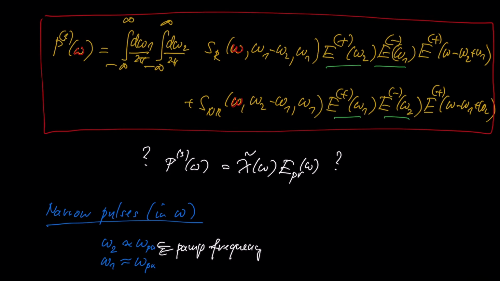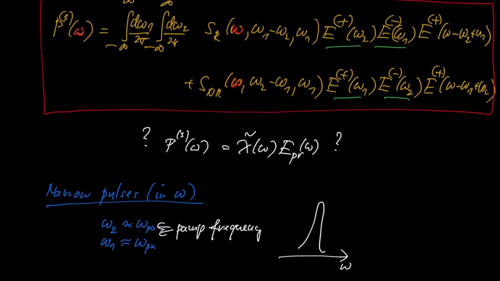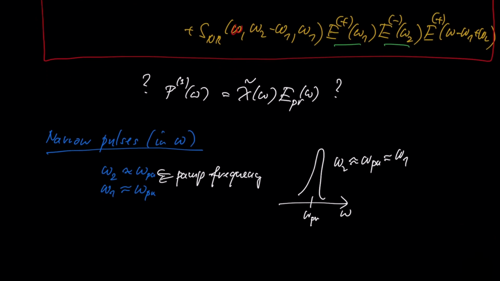So if there are narrow pulses in omega, so this is the omega pump, then clearly omega 2 is similar to this omega pump, and it's therefore similar to omega 1, and we can say that E plus of omega minus omega 1 plus omega 2, for instance, is roughly E plus of omega.